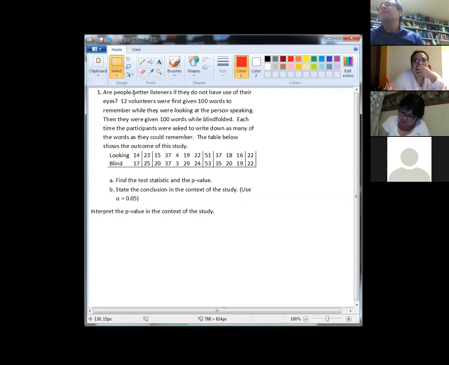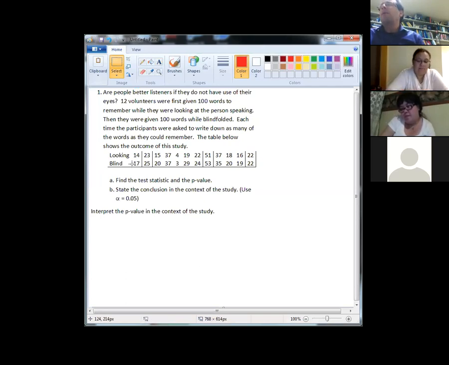All right, the main difference is in the last one, the first lefty, for example, and the first righty had nothing to do with each other. They were just individual people. They weren't coupled or anything like that. It was just some lefty and some righty. Here, it's the same person taking the test while looking as taking the test while blind. Does that make sense?